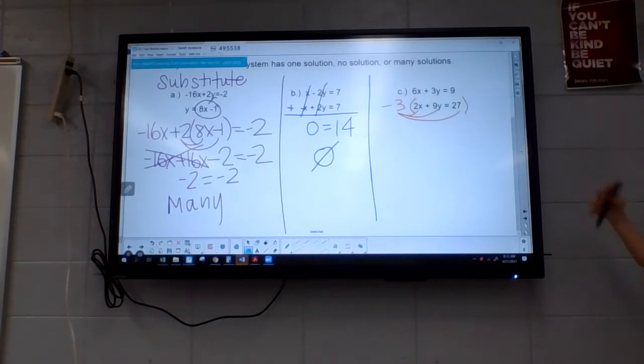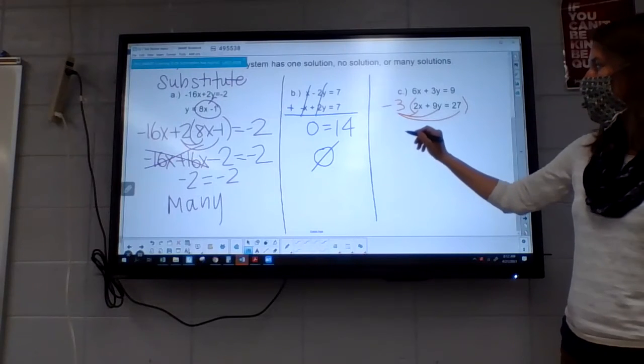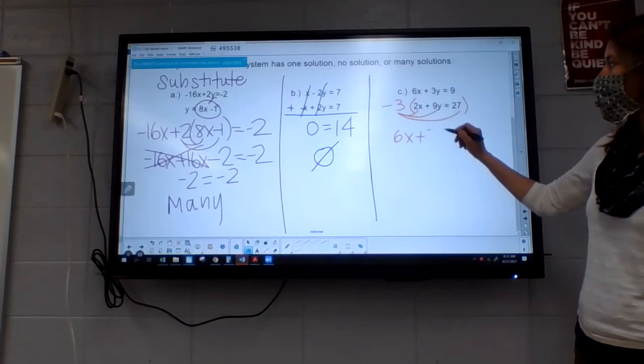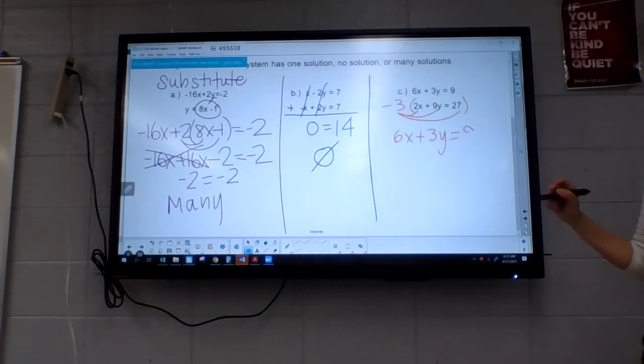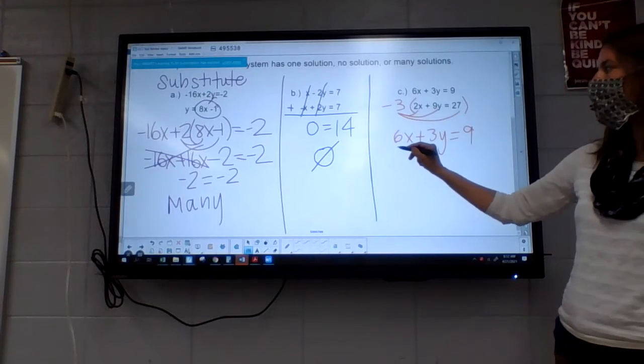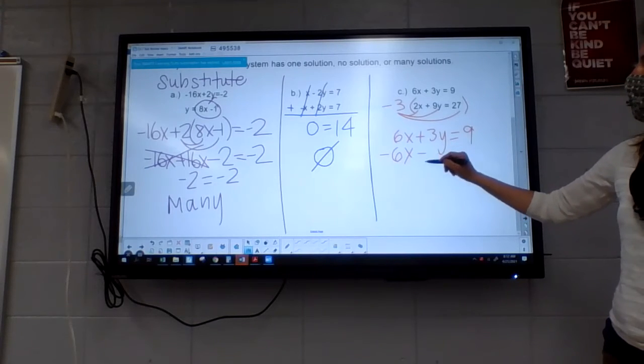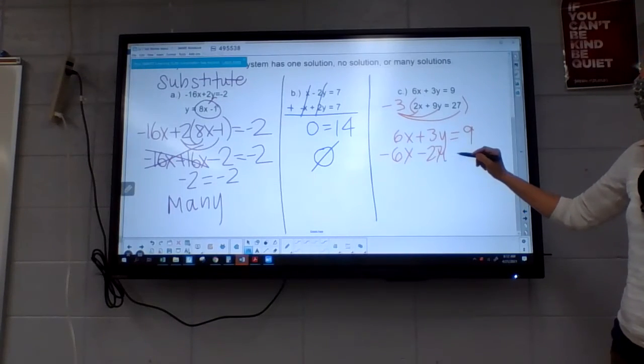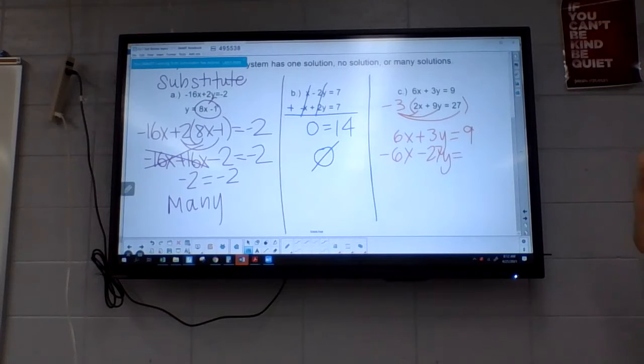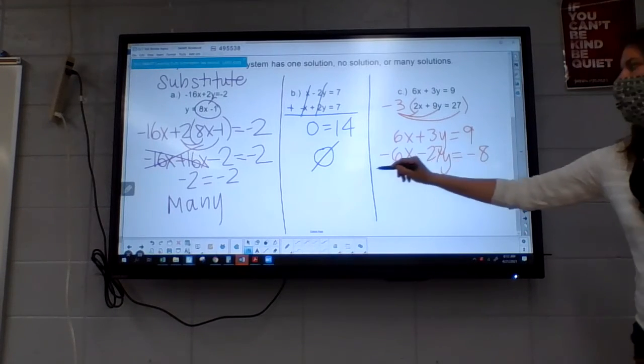So I'm going to rewrite this. I know some of you guys don't need to, but I like to have them rewritten up and down. So the top equation doesn't change. But the bottom one, I multiply by a negative 3. What is that? 81? Yeah, right, negative 81, I believe.